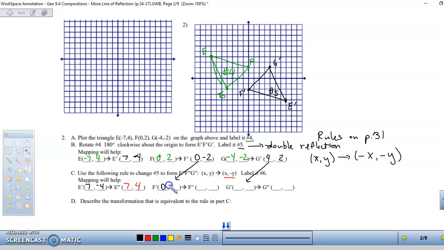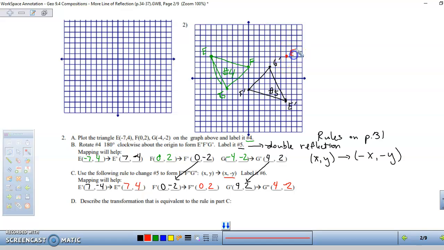Okay, welcome back. So you have 0, negative 2 there, and 4, 2 here. And applying this rule, we are going to get back 0, 2, and then 4, negative 2. So you keep the X, change the Y, according to this rule. Okay, plotting those points. So 7, 4. So you go across 7, and you go up 1, 2, 3, 4.